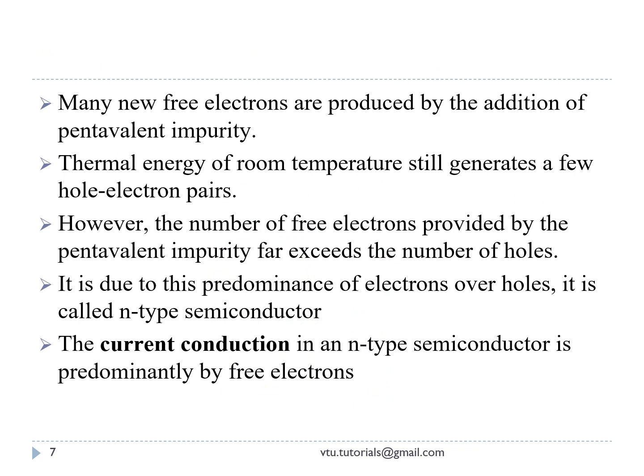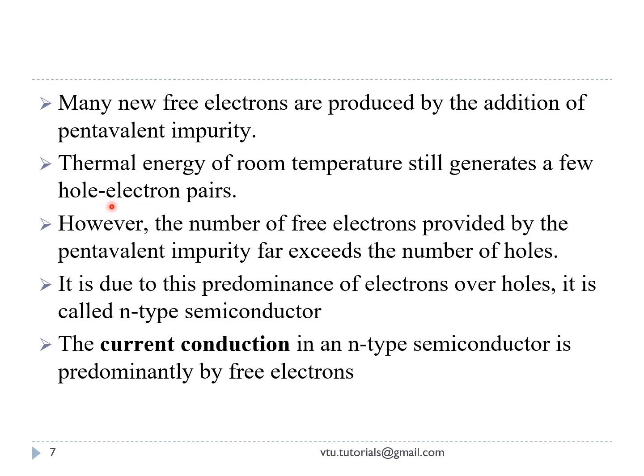As many free electrons are produced by the addition of the pentavalent impurity, the thermal energy at room temperature will also generate a few electron-hole pairs. Due to the thermal energy, some of the electrons in the valence band will jump into the conduction band, which leaves a hole in the valence band.